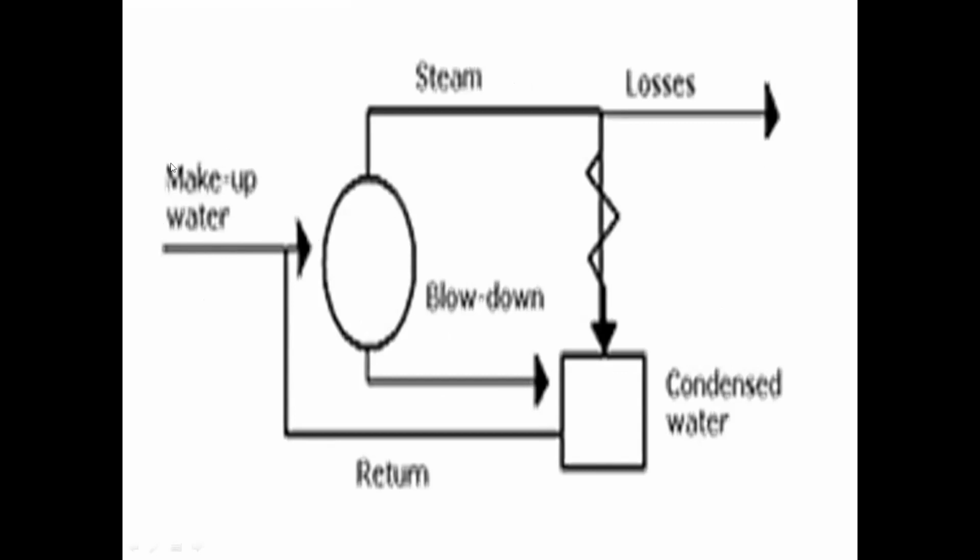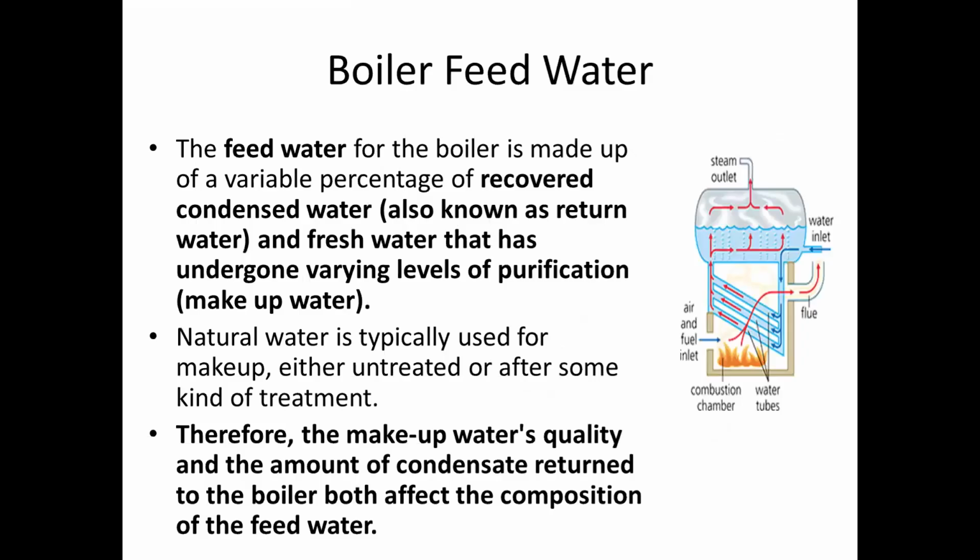By the way, this makeup water is of high quality, either fresh water or a treated fresh water supply. It is mixed with condensate water coming from our condenser, and this is supplied to our boilers to produce steam for production of energy and power inside the vessel.